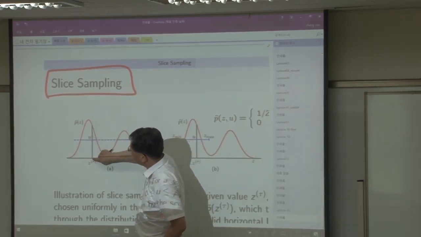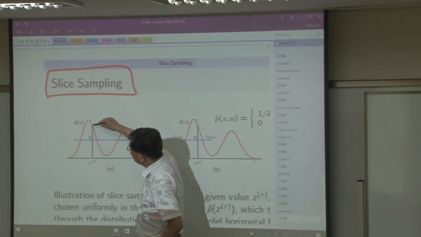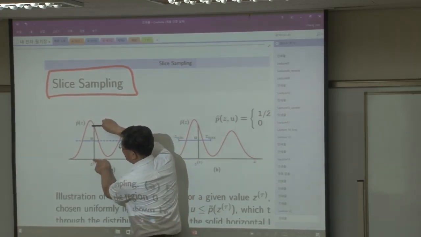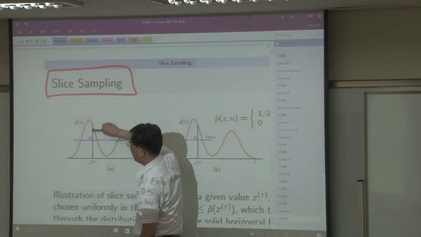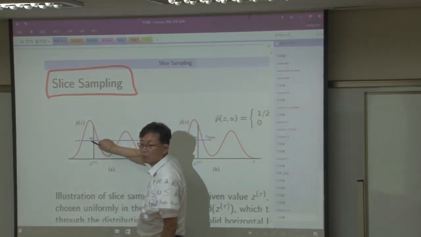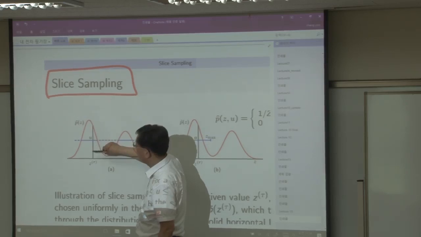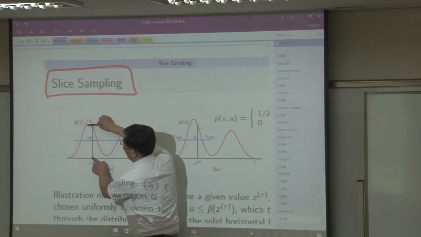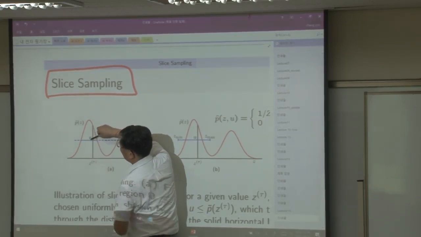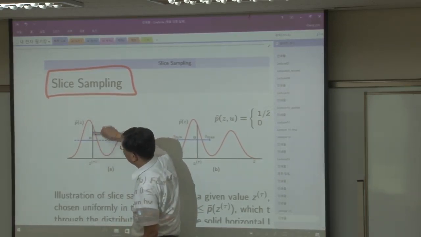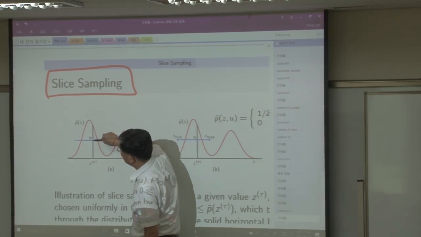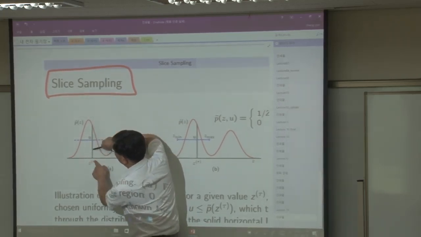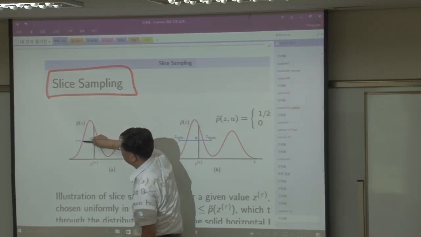Based on this, I do a uniform sampling from 0 to this maximum value, and I get U. Okay? So I start with some sample, I sample U, and that will sort of tell you where you are. Let's say that if this is considered 0 to 1, U gives me that.